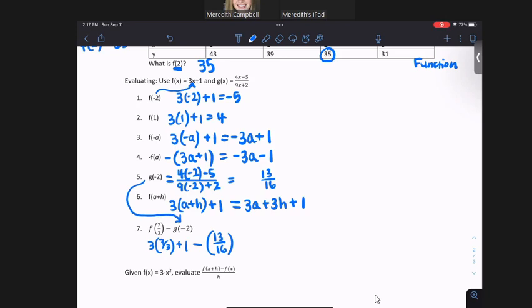So either way, this 3 times 7/3 is 7, 7 plus 1 is 8, and we're doing 8 minus 13 over 16, and that ends up being 115 over 16.